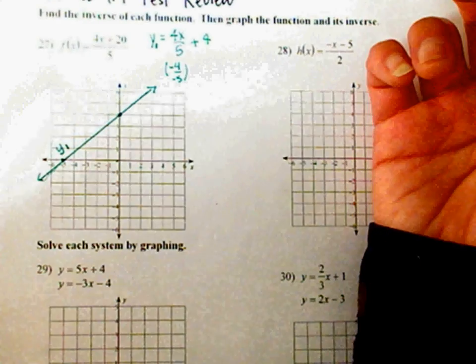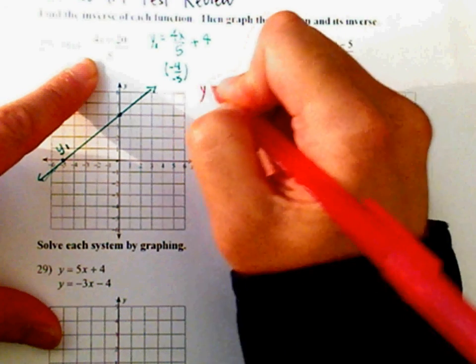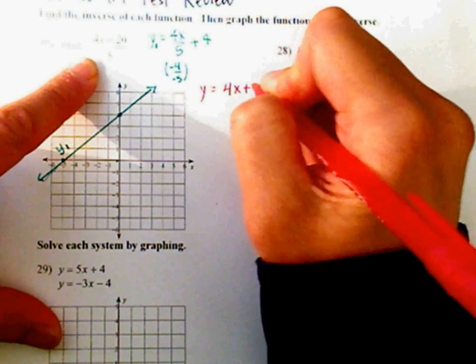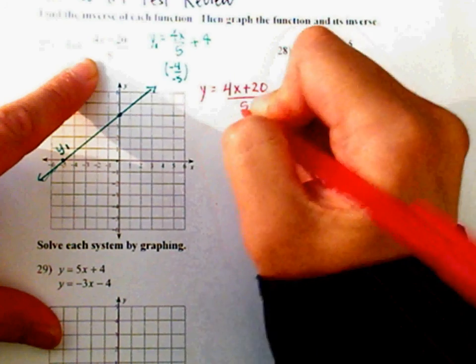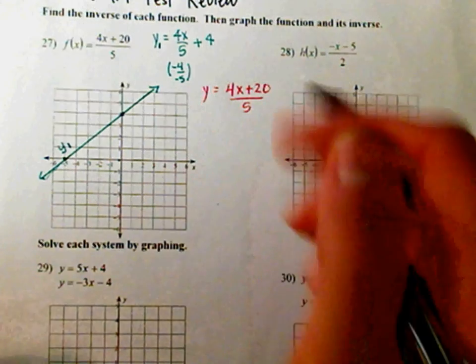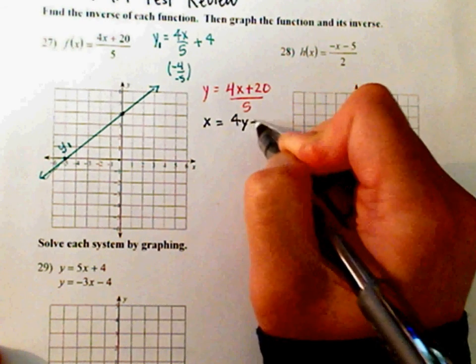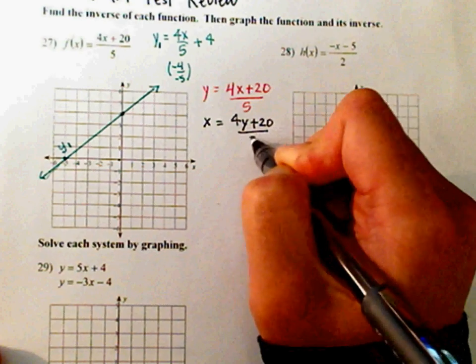So your choice, does not matter. Okay, I'm going to use this one instead. So I have y equals 4x plus 20 divided by 5. Okay, switch your x and your y. So your y now becomes your x equals 4y plus 20 divided by 5.